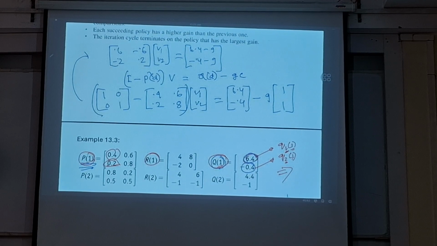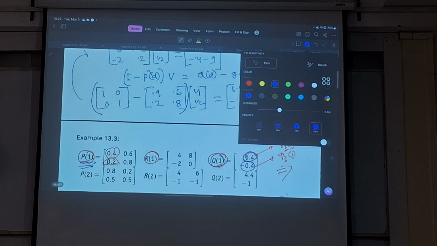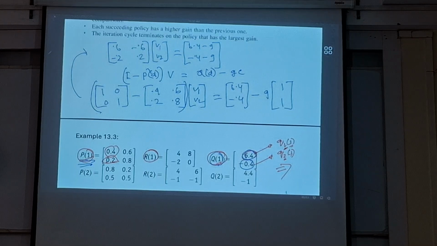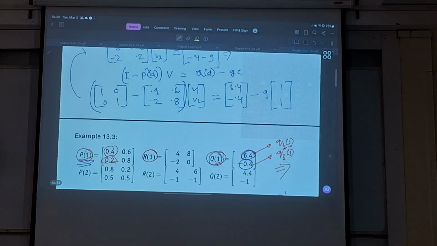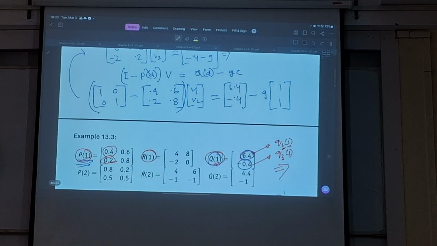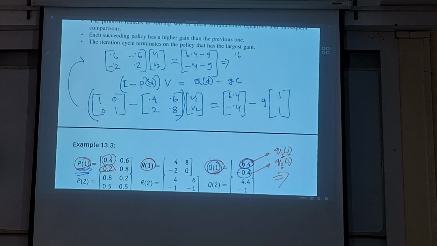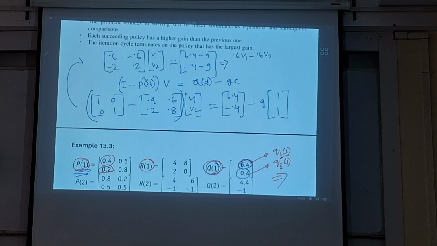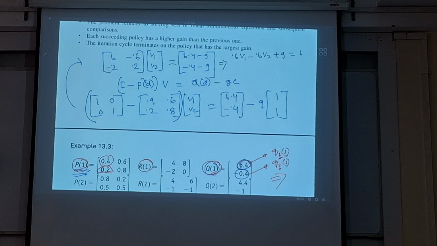So we understand this, and now we have two equations here. What are the equations? If we write the equations here, the first equation will be 0.6 V1 minus 0.6 V2 plus G equal to 6.4.